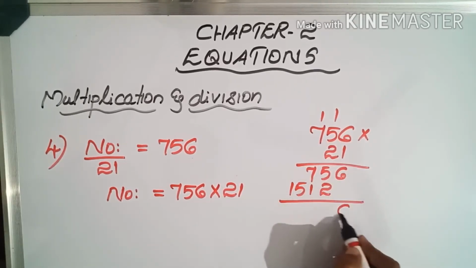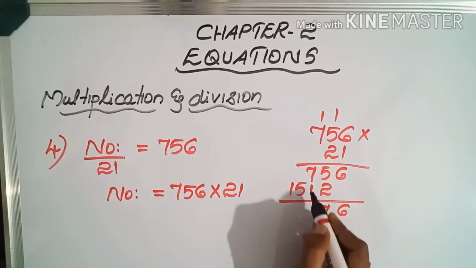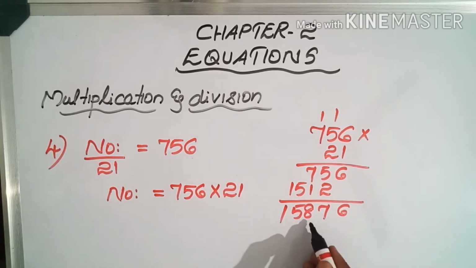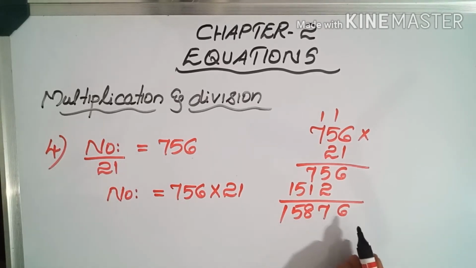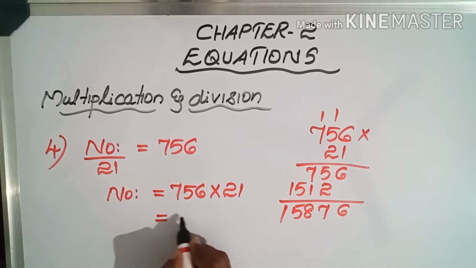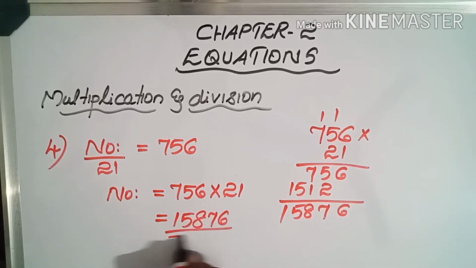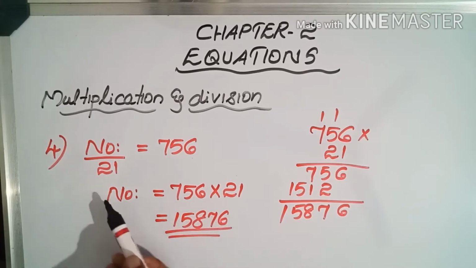Okay, so 6, 5 plus 2, 7, 7 plus 1, 8, 5, 15876. Okay, 15,876 will be the number. When we divide this number with 21, we will get the answer as what? 756. Okay, this is the answer.